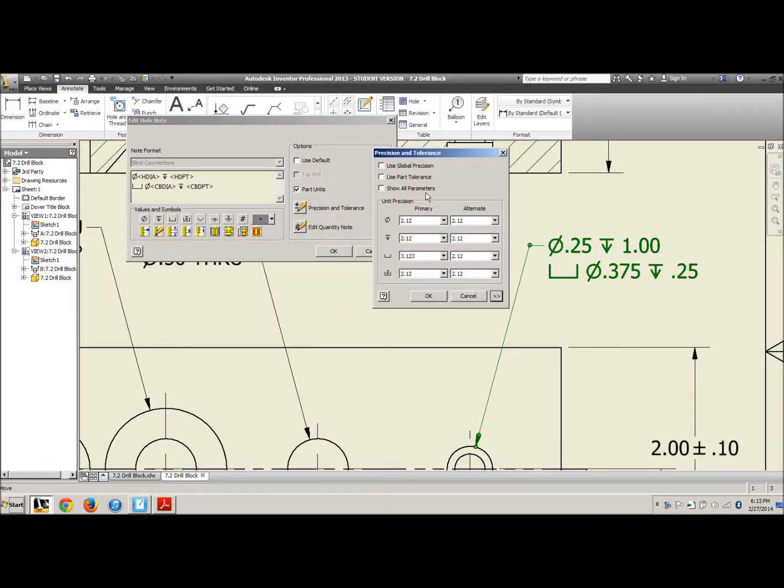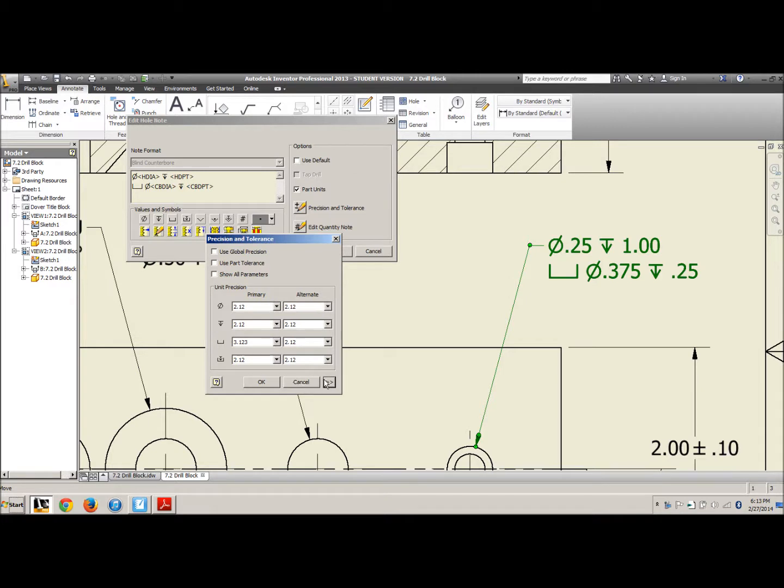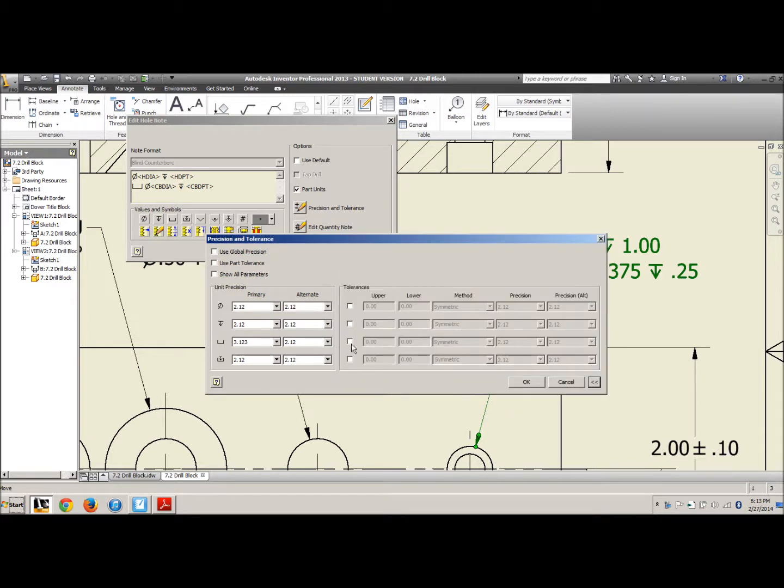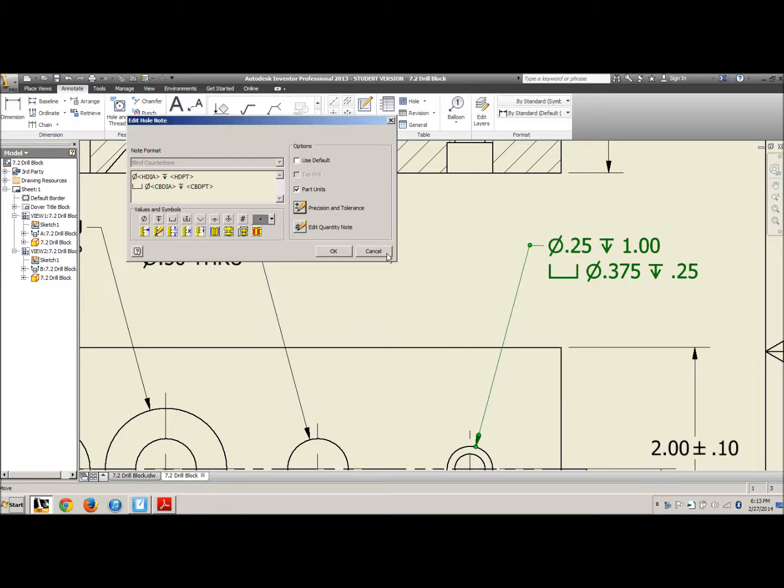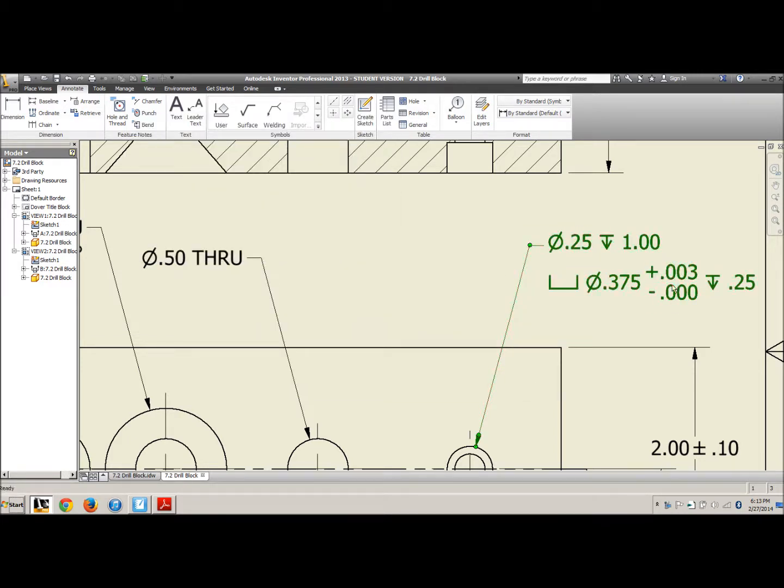We already changed this to 3 decimals. And what we need to add to that is that we're going to change this to a deviation of 0.03 of an inch. And of course you have to also make that match the precision at 3 values. So it can be 0.03 bigger, not smaller, and that will list it as a unilateral deviation. So I say OK, and there's my unilateral hole note.